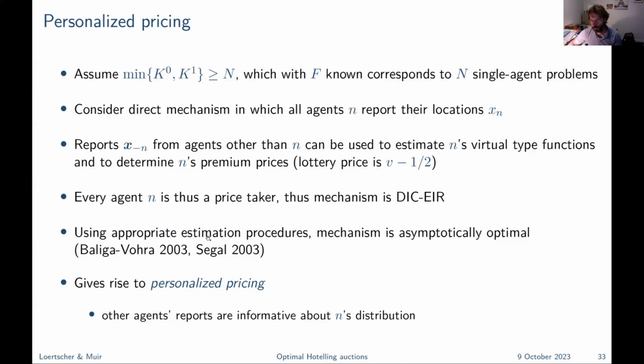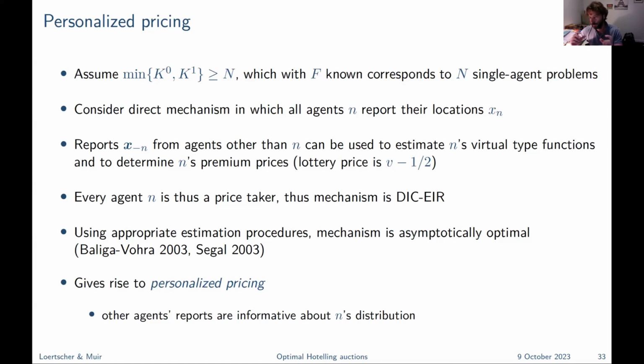So if you then use an appropriate estimation procedure, such as what Baliga Vohra proposed to estimate virtual types, you're going to have an asymptotically optimal mechanism. And what I think is really nice about that insight is that it gives rise to personalized pricing where you use big data, so to speak.